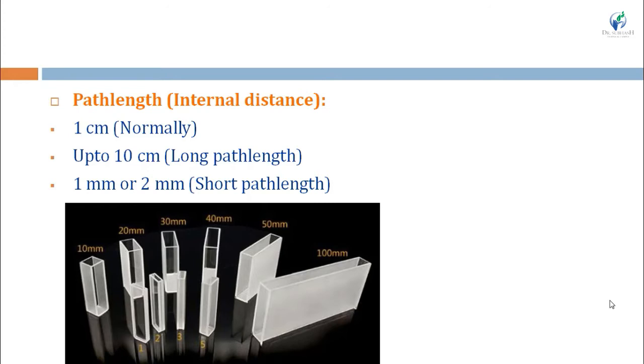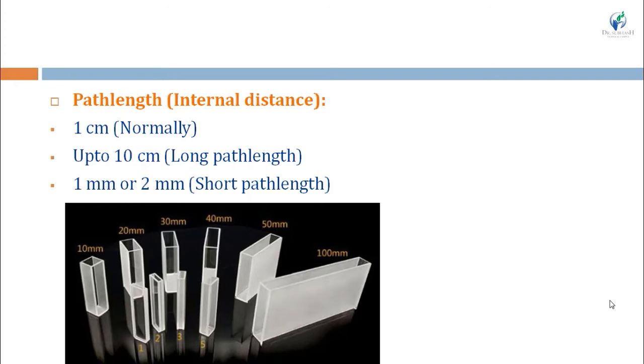Normally and mostly this path length is 1 centimeter. We have seen in Beer's law that the value of b is the path length, right? The value of b is mostly 1 centimeter, so in most conditions the path length of the cuvette is 1 centimeter.